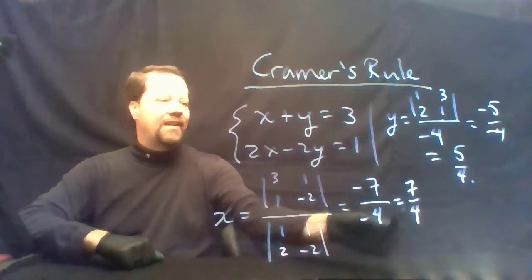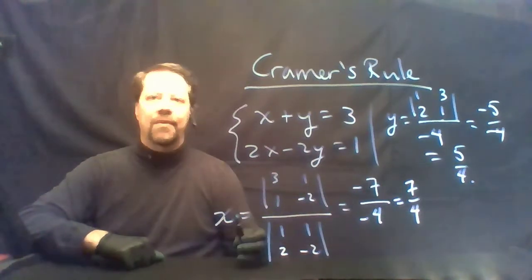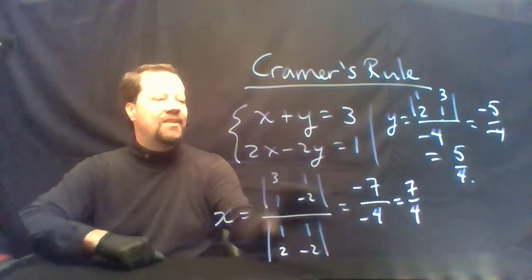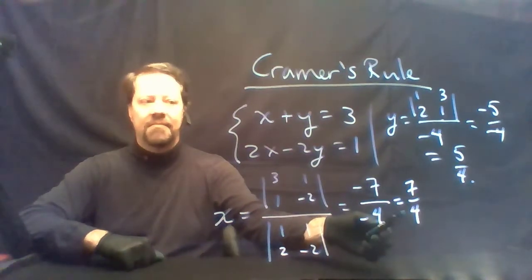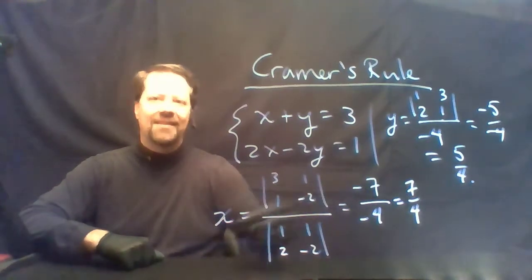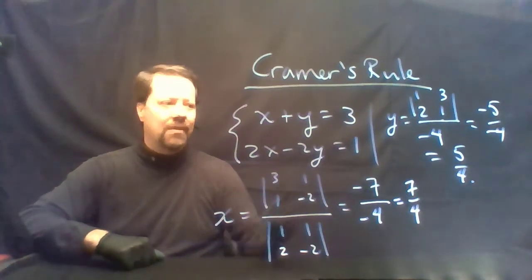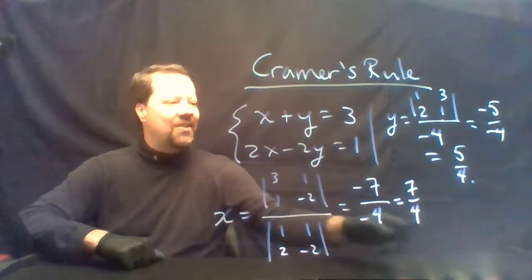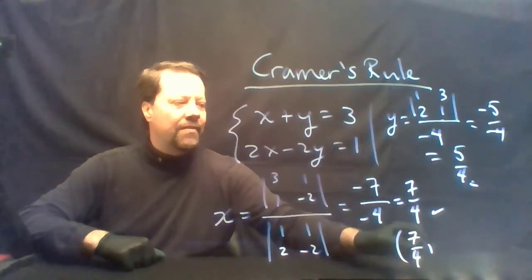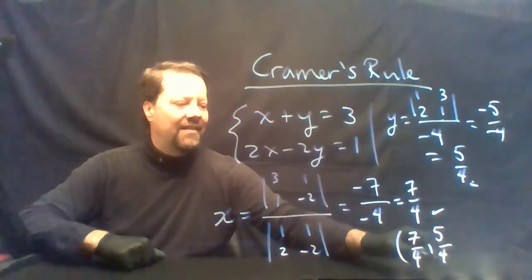X plus y. If I have 7/4 plus 5/4, I get 12/4, and that's 3. 2 times 7/4 is 7/2, minus 5/2 gives us 2/2, or 1. So this surely is the solution. 7/4, 5/4.